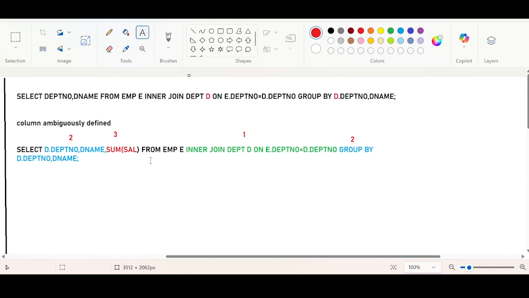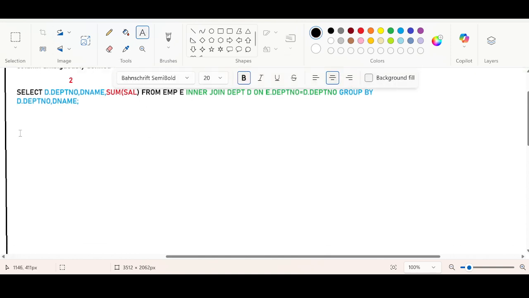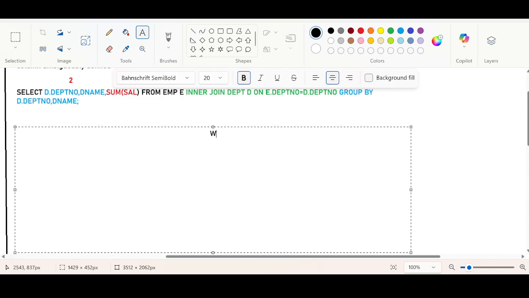Let us take one more example, the last example. We will have all the combinations.